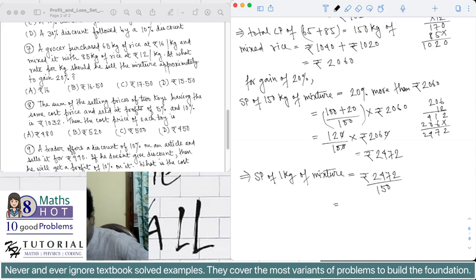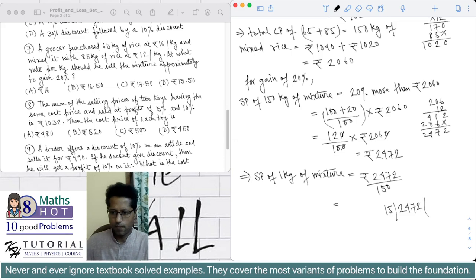This is equal to, we have to find approximately, let's divide 2472 by 15.